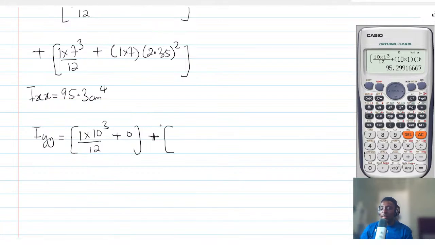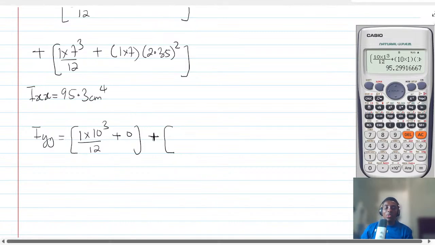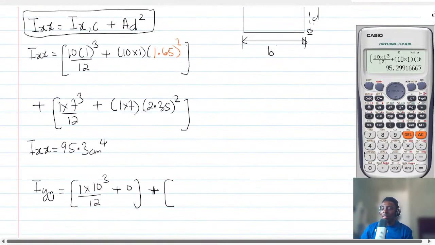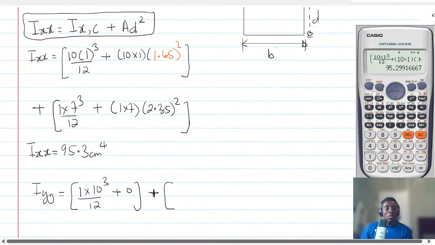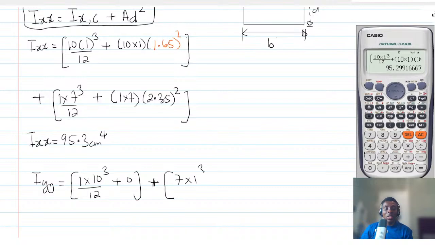And then for this one too, of course, yes, it's 0. Thank you. And then we look at the other one. So 7 times 1 cubed divided by 12 plus 0.